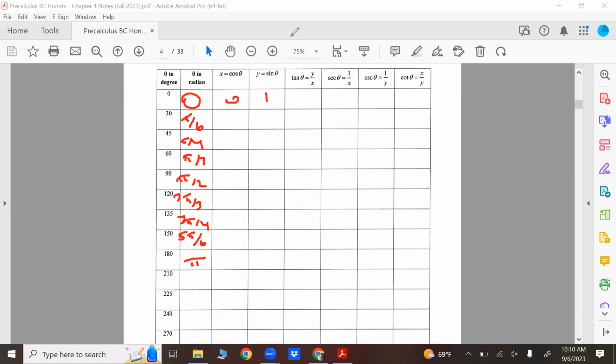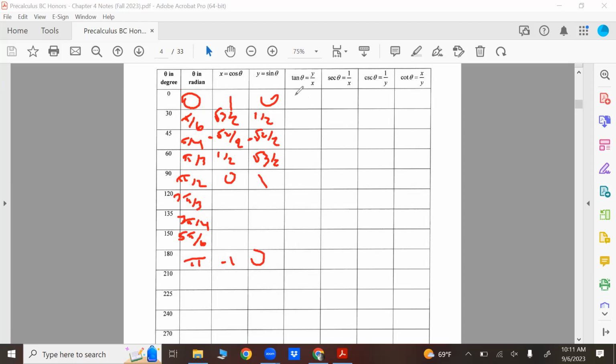Sorry, I can't believe I just did that. 1 and 0. And that's going to be negative 1 and 0. That's 0 and 1. That's going to be root 3 over 2 and 1/2, 1/2 and root 3 over 2, negative root 2 over 2, negative root 2 over 2.